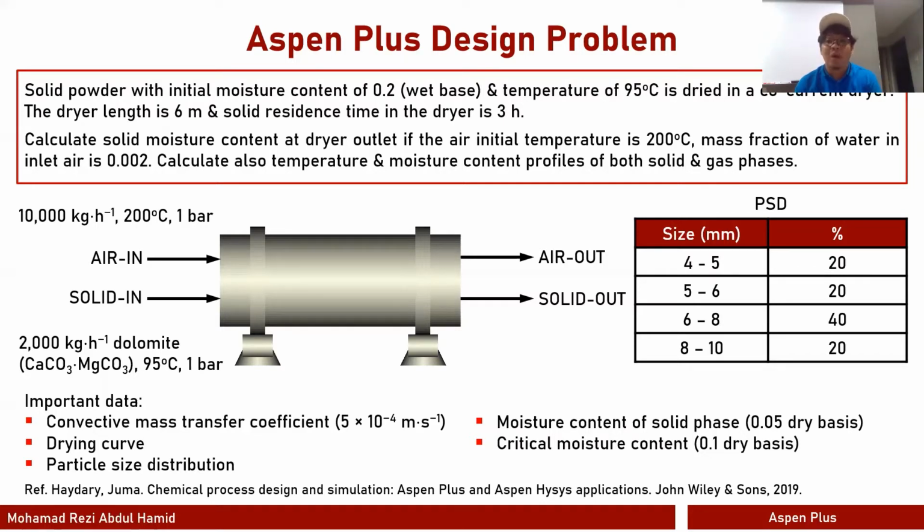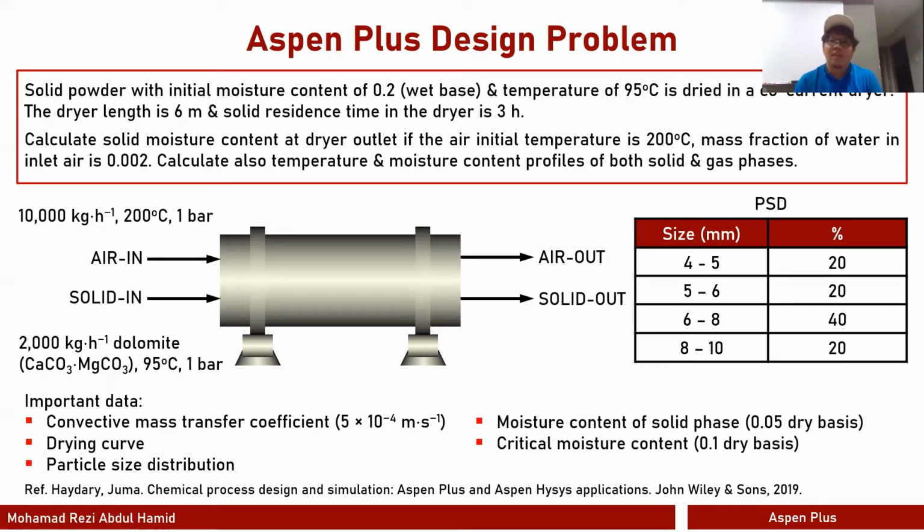This wet solid powder will be dried in a convective dryer in a co-current manner, meaning that the solid will enter the unit operation on one side, and the flow of the heating material, in this case hot air, will also enter in the same direction, and both the heating material and solid powder will leave the unit operation on the other side. Basically, the flow of the materials proceeds in parallel and in the same direction.